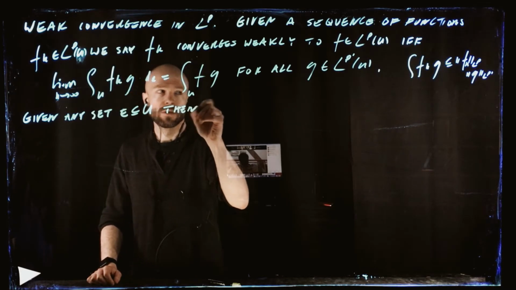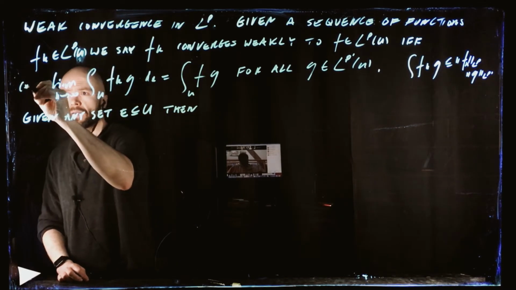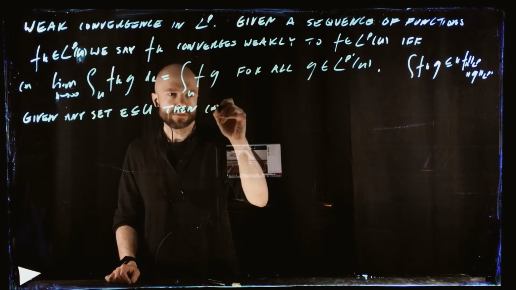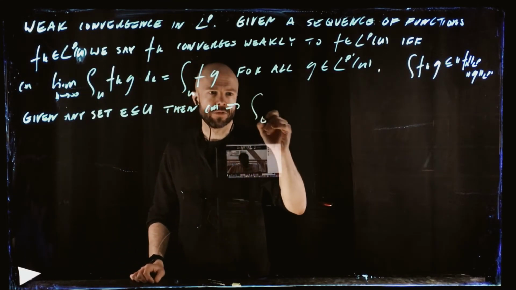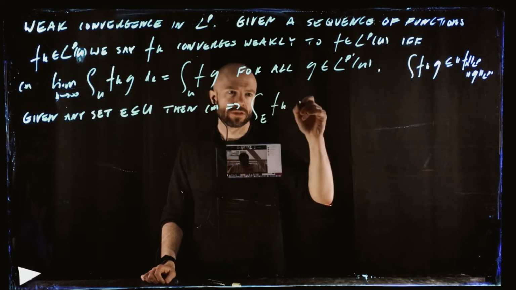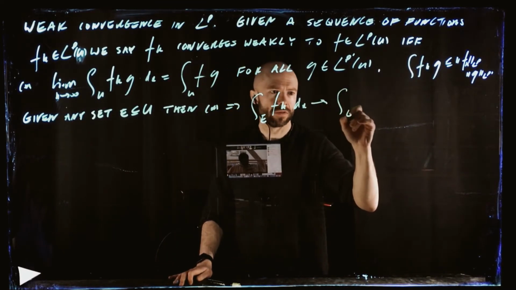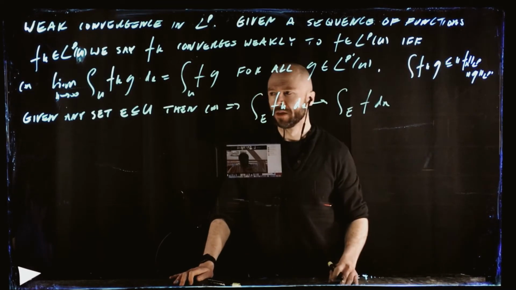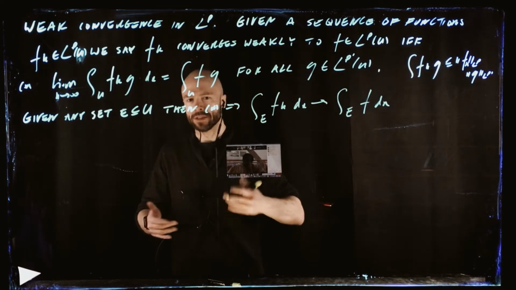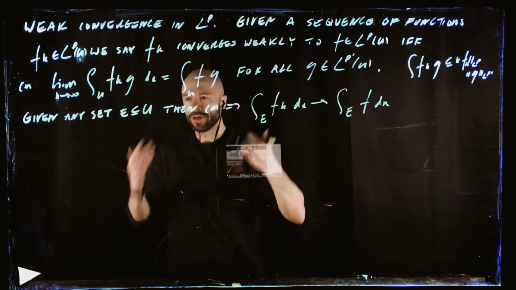Let's call this thing star. Star implies that the integral over E of f_k(x) dx tends to the integral over E of f(x) dx. So this is sometimes considered as convergence in averages.